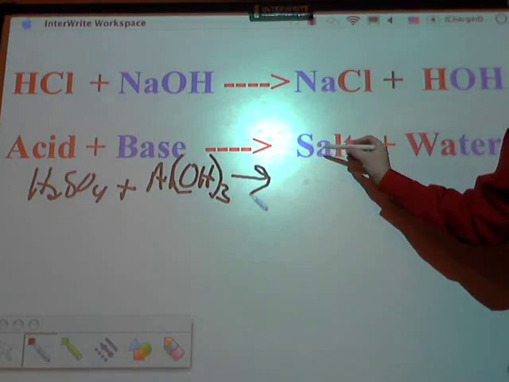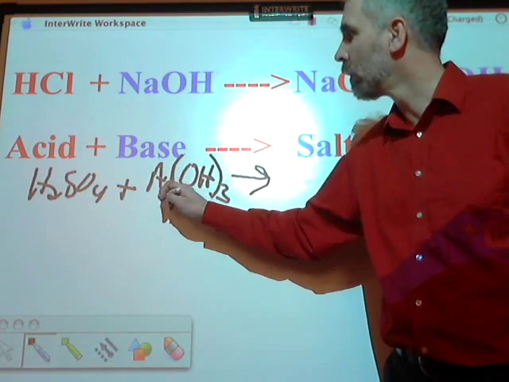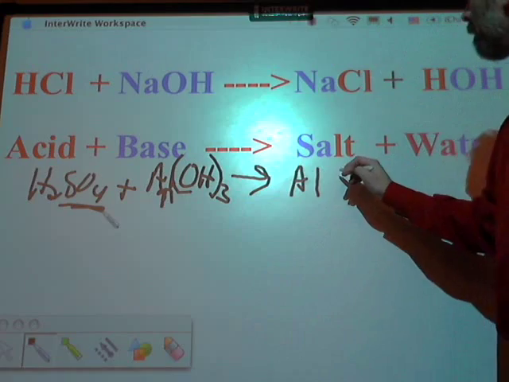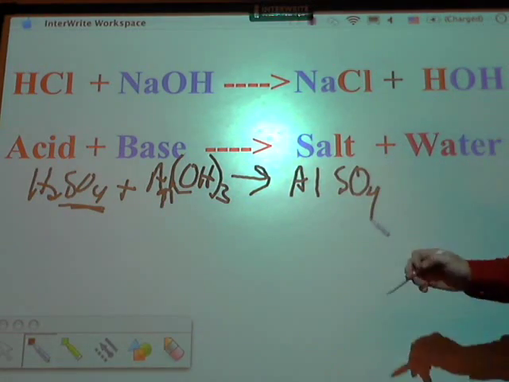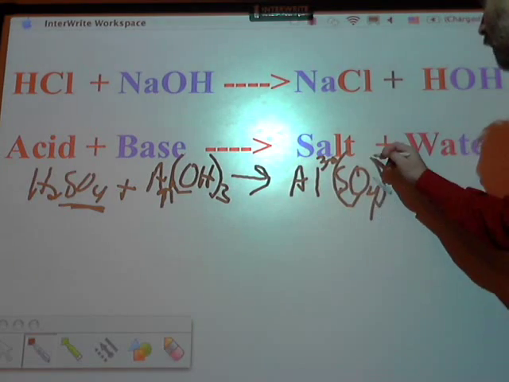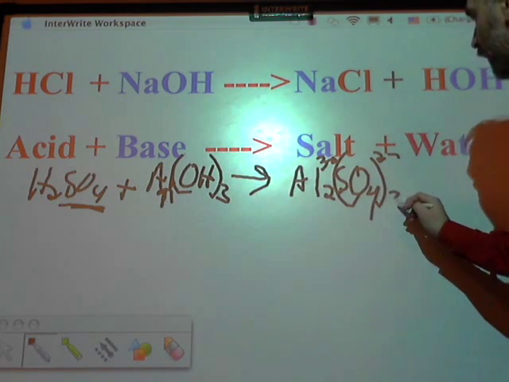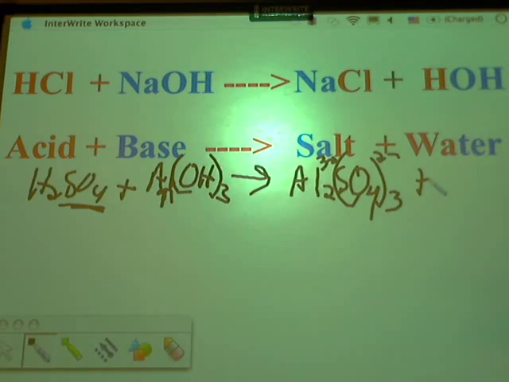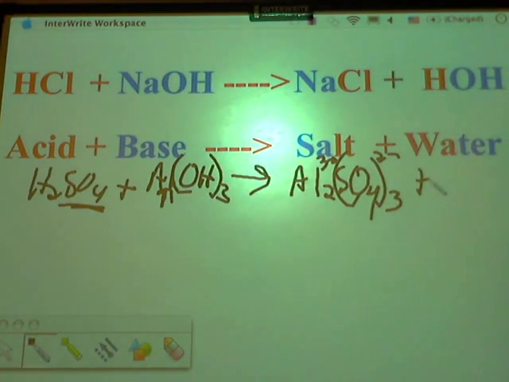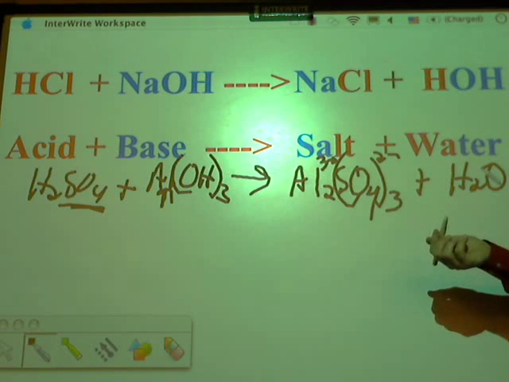The salt's always going to be the positive ion from the base, Al, and the negative ion from the acid, SO4. But I can't just leave it as AlSO4, can I? I got to use a 3 plus here, a 2 minus here, 2 there, 3 there. And I know I'm going to get this from somebody, at least in Chem 1: H2OH3. Is that the formula for water? No, it's H2O.